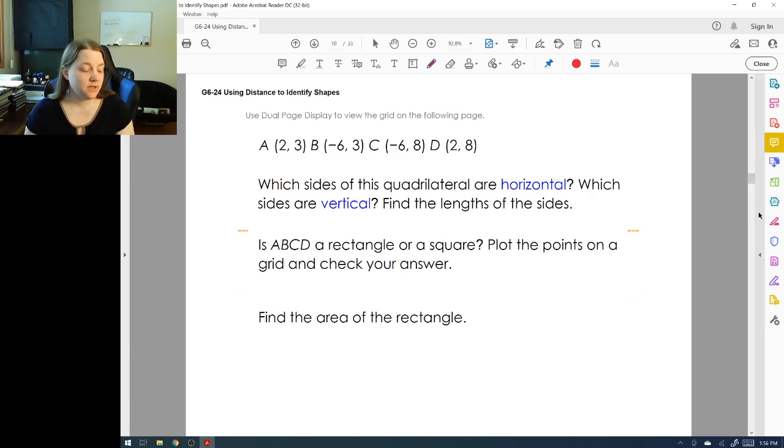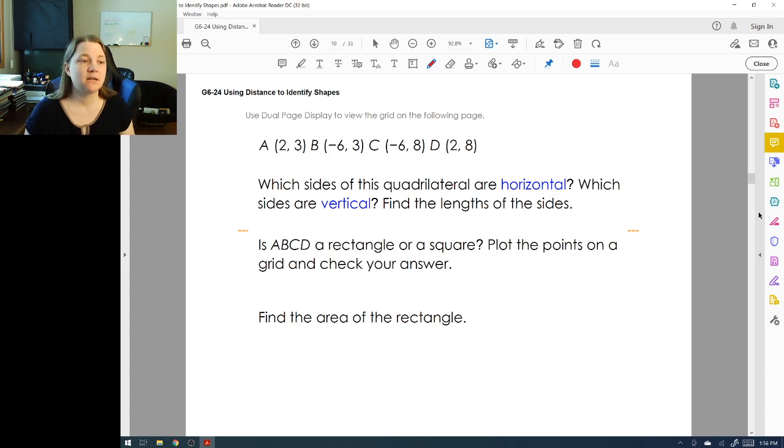So we have a shape here, but we can't see the shape because all we have are the points for the shape. We want to know which sides of this quadrilateral are horizontal. Well, remember that in order to be horizontal, we're going to want to find points where the second number is the same, because we're going to want to jump the same amount and run different directions.